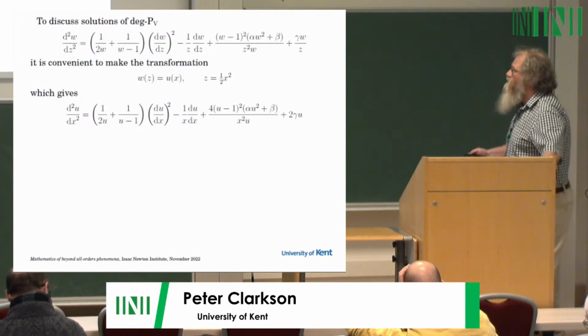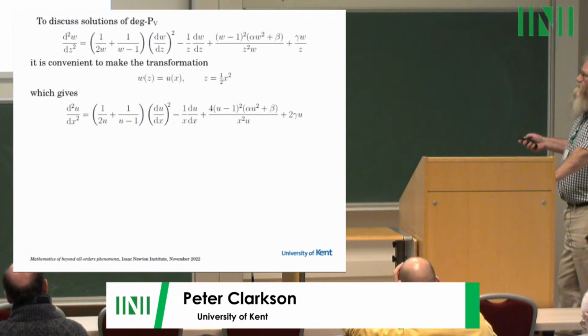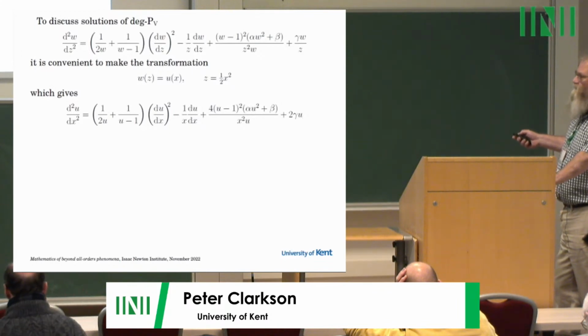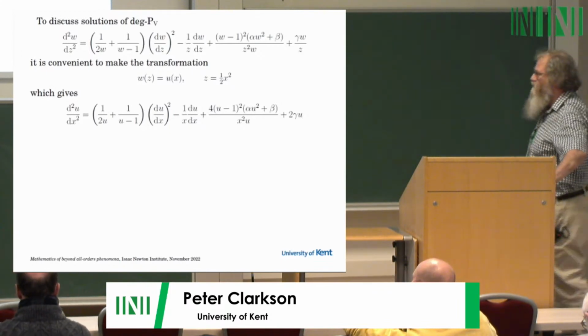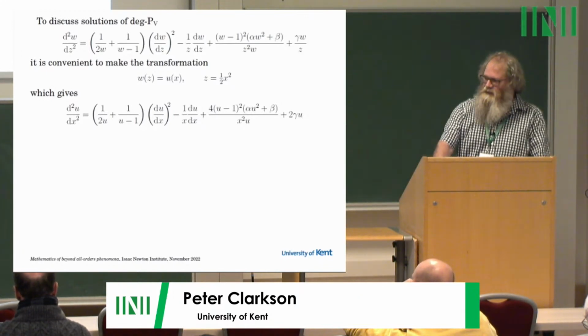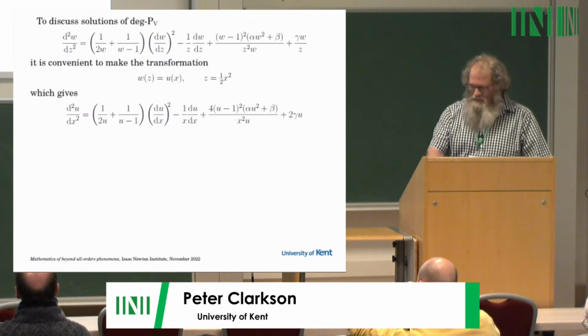Now, to discuss solutions of degenerate Painlevé 5, it's convenient to make this transformation so I get this equation for u. So I'm just effectively changing the independent variable. It means I don't have as many square roots hanging around. And when you're doing calculations in Maple, it doesn't like square roots.